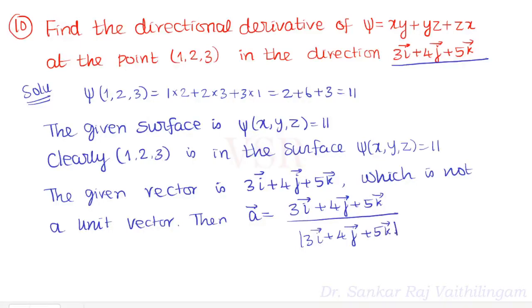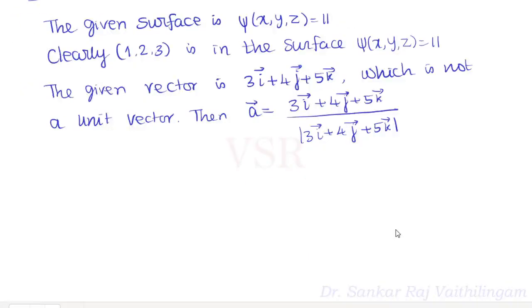First find the unit vector. So roughly speaking, this is the square root of 3 square plus 4 square plus 5 square, which is equal to 9 plus 16 plus 25.